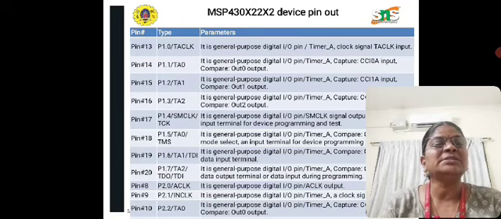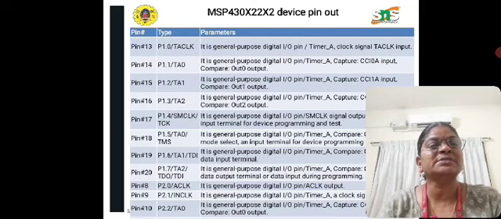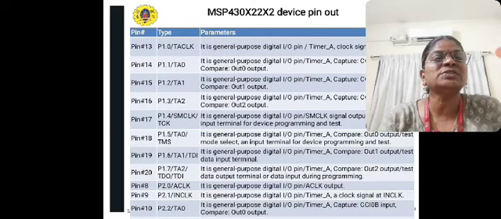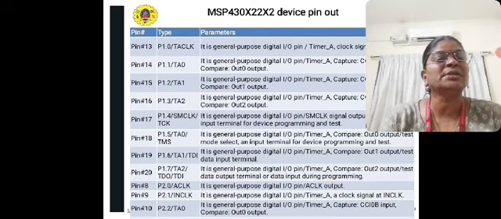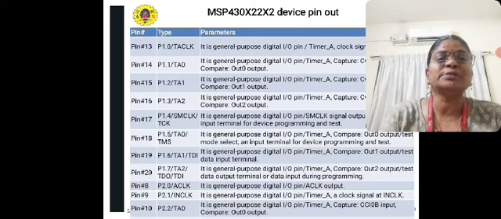Pin 18 is a general purpose digital input output pin, which is used to select an input terminal for device programming and test. And pin 19 is used as the data input terminal, and pin 20 as the data output terminal.